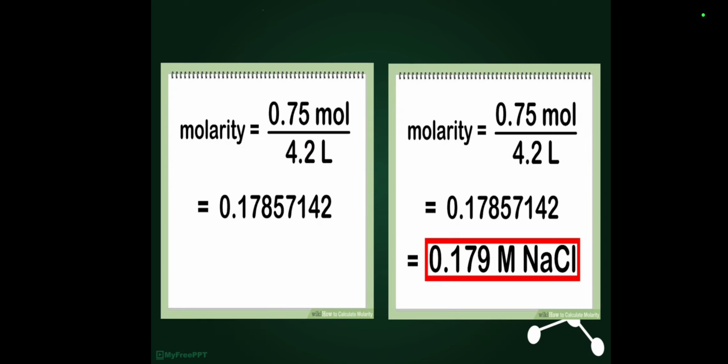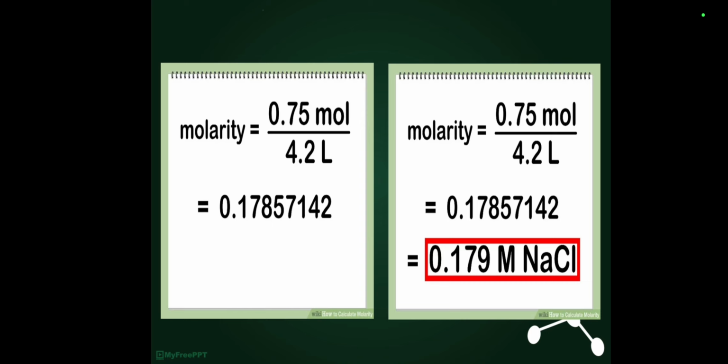Okay, let's proceed. So now let's go on how to calculate it. Molarity is equal to 0.75 mole over 4.2 liters. Then the answer would be 0.17857142. Why? Because we will just divide it: 0.75 mole divided by 4.2 liters.